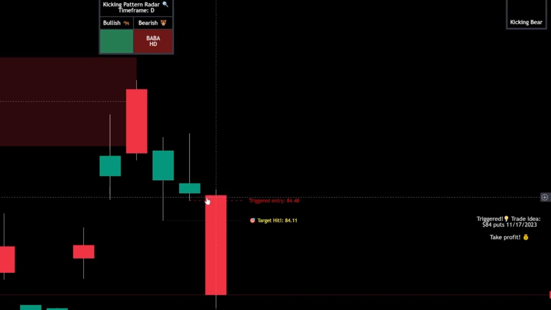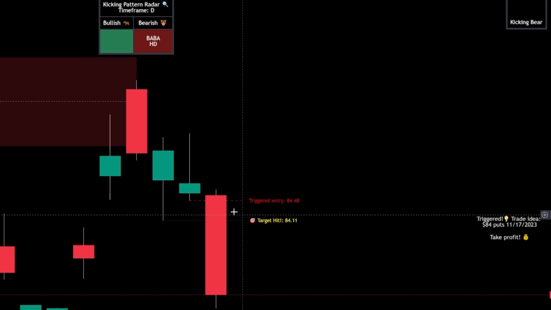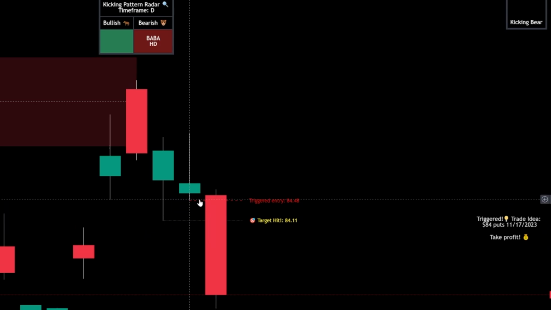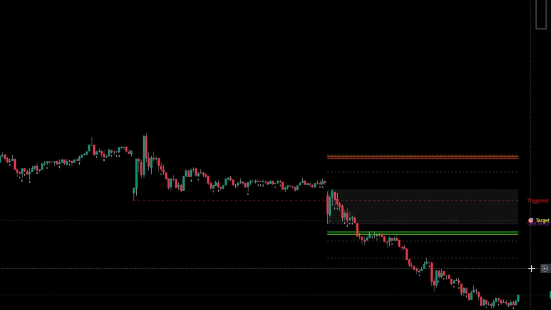We already had a setup that was giving us an idea of when to take an entry. And then from the way that Baba opened, because it gapped below this green candle, that just gave it the highest momentum setup that you can get.